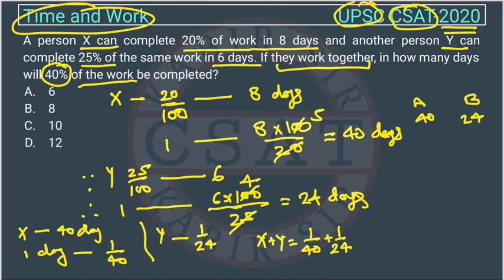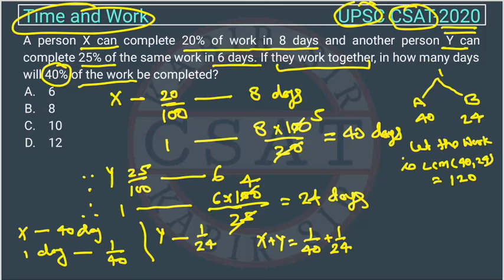Otherwise you can assume, as we were doing in profit and loss, we were assuming let the price is 100. So suppose here, let the work be, how much? We will take the LCM of 40 and 24. So it will be 120, right? Let the work be 120.